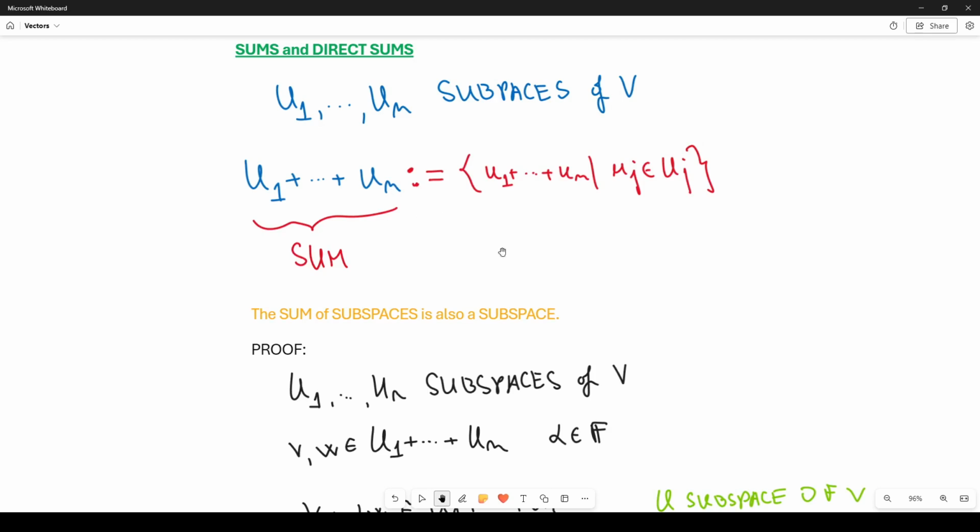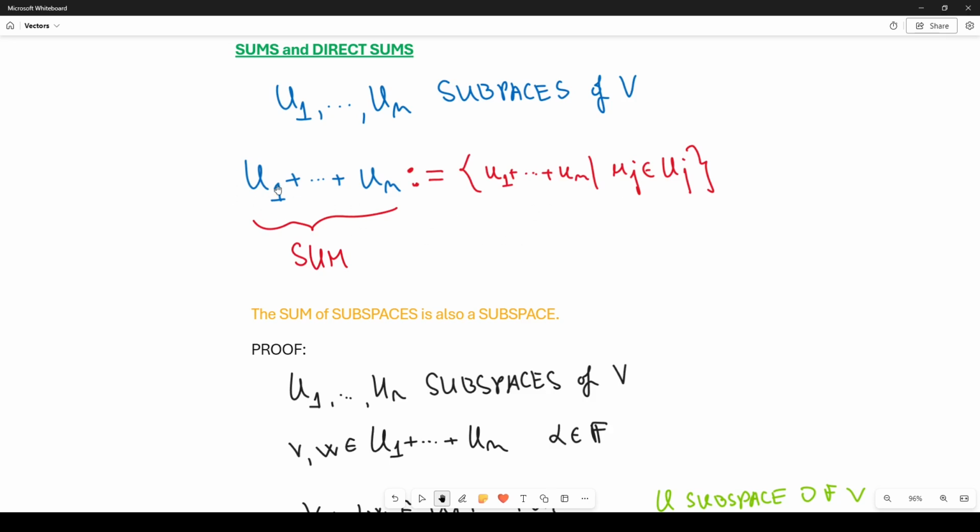So now we're introducing the concept of a sum. So what is a sum? Well, suppose we have subspaces of V, U1 to Un, and their sum, denoted this way, will be equal to this set over here.